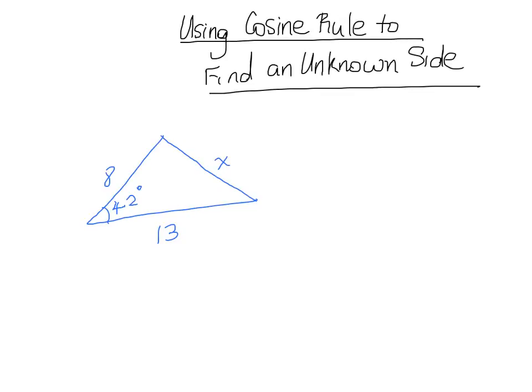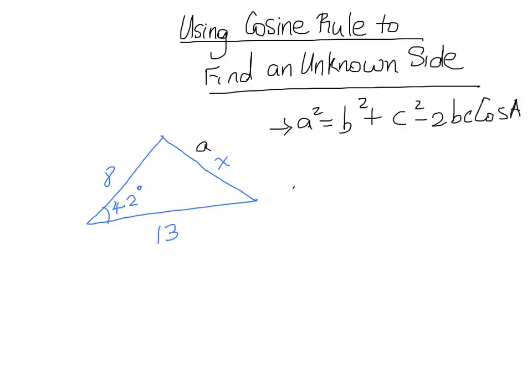Now, if we want to label this triangle in the easiest way possible, if we're going to use the formula a squared equals b squared plus c squared minus 2bc cosine A, you want to label the side that we're looking for a.